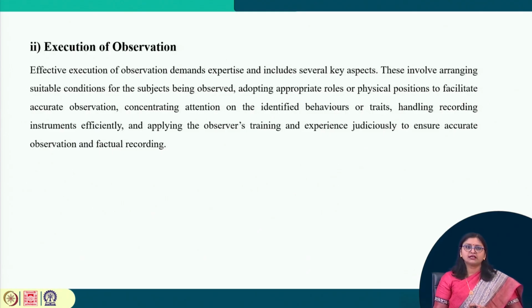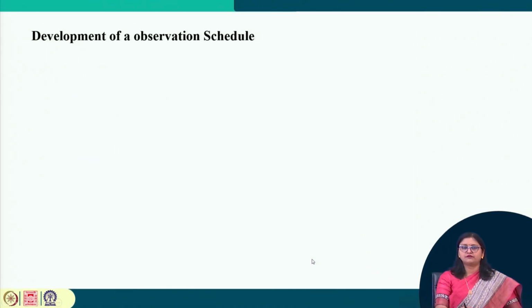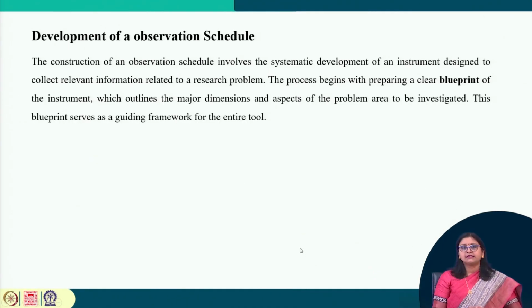These involve arranging suitable conditions for the subjects being observed, adopting appropriate role or physical positions to facilitate accurate observation, and concentrating attention on the identified behaviors or traits, handling recording instruments efficiently and applying the observer's training and experience judiciously to ensure accurate observation and factual recording of that observed phenomena.